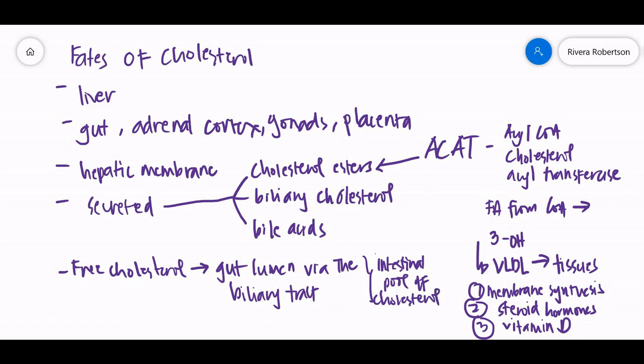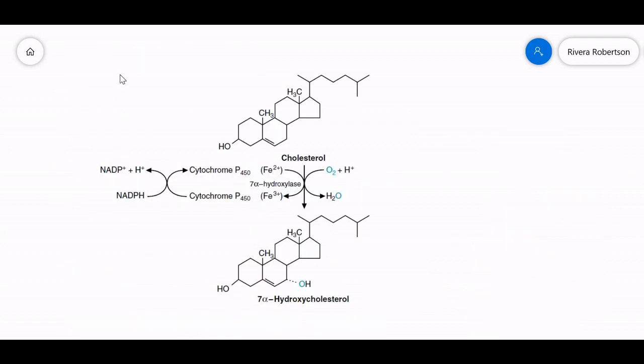Now, the hepatic cholesterol pool, yung bumabalik sa liver or yung sinastore natin sa liver, is the source of cholesterol for the biosynthesis of bile acids. Now, let's start with the biosynthesis of bile acids.